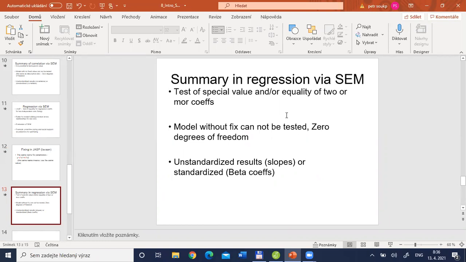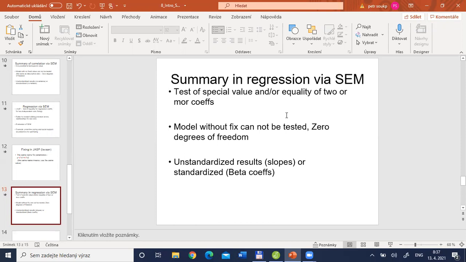I need to specify some value of a coefficient, or I must add some condition of equality of two or more parameters. Then it is possible to get positive degrees of freedom and to test the model. If there is no fix, the model couldn't be tested as we have 0 degrees of freedom.